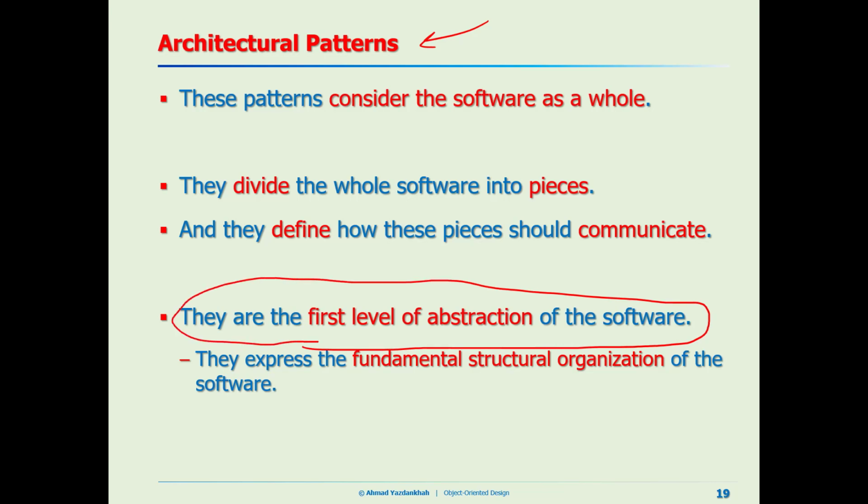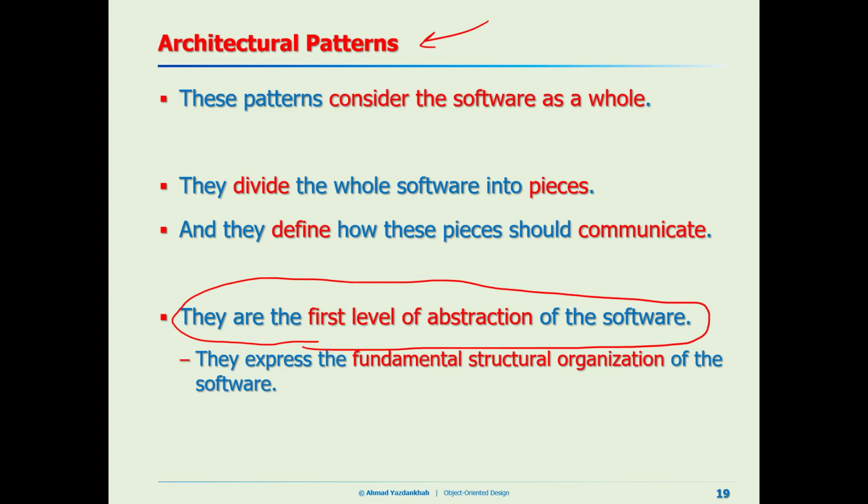By using them, we organize and structure our software in a very good shape. To understand what I am talking about, I need to introduce some of them. Then you will see what's going on here.